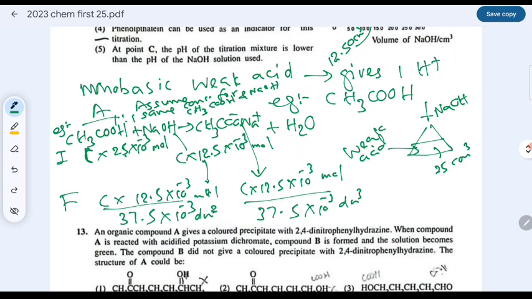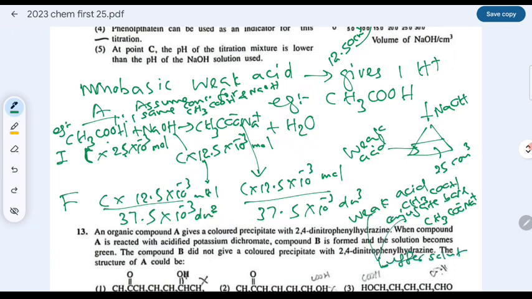Both CH3COOH and CH3COO minus sodium plus are present in equal concentrations. Now this contains a weak acid and its conjugate base. The weak acid is CH3COOH and the conjugate base is CH3COO minus sodium plus. So this is a buffer solution.